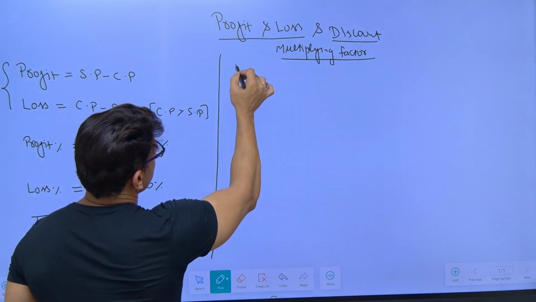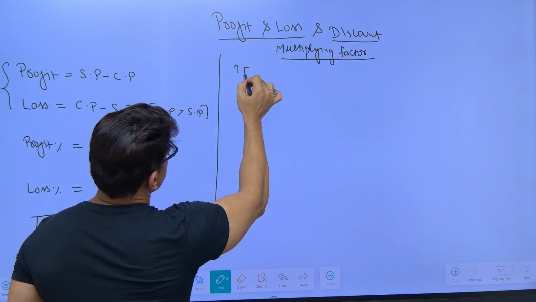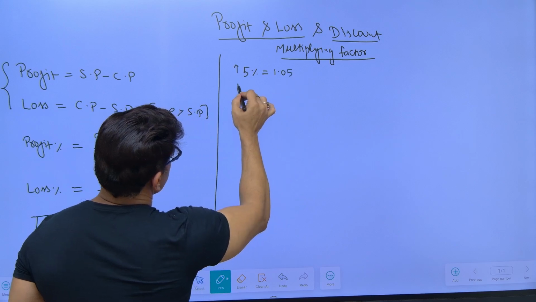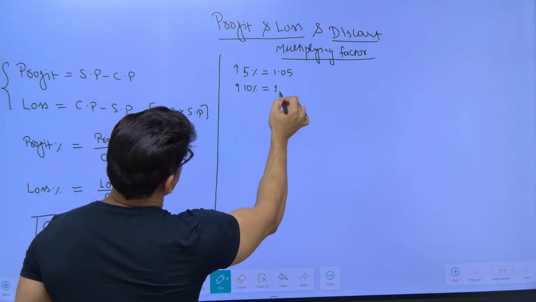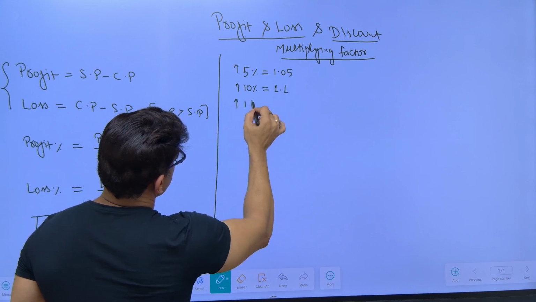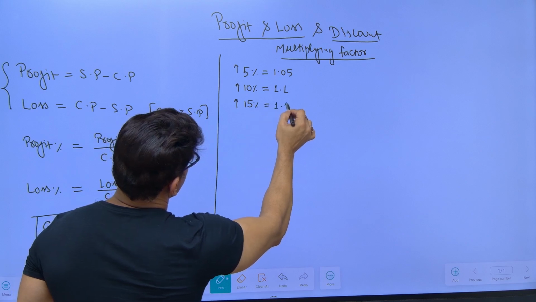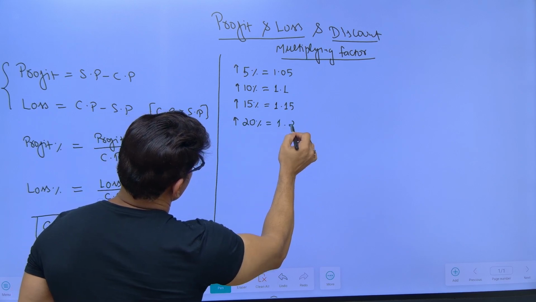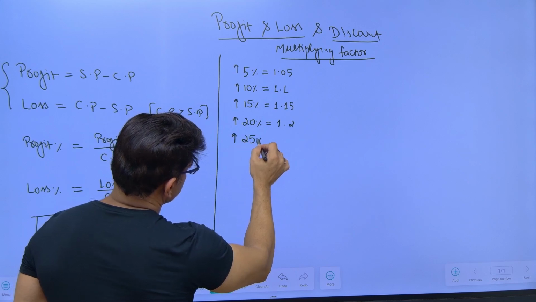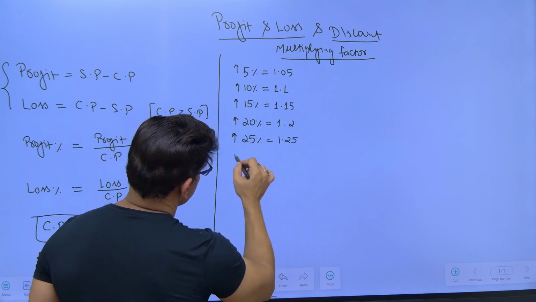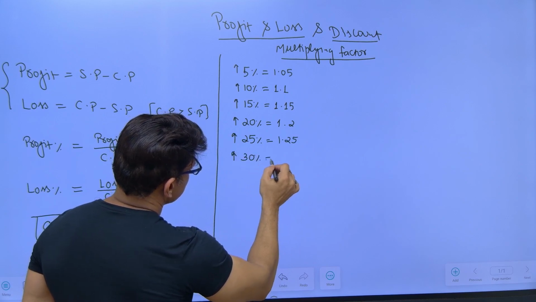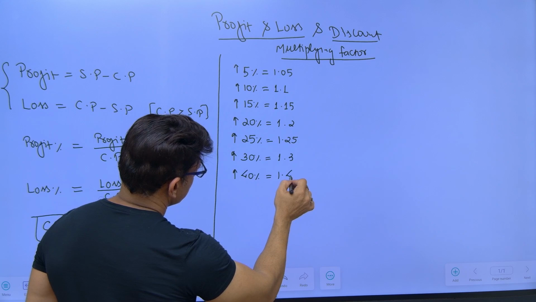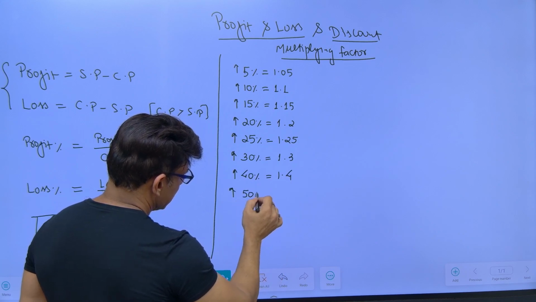So if any value goes up by, let's say, 5%, then multiplying factor is 1.05. Some value increases by 10%, multiplying factor is 1.1, increases by 15%, increases by 20%, increases by 25%, increases by 30%, increases by 40%, increases by 50%.